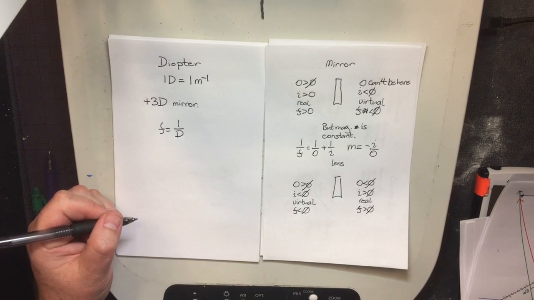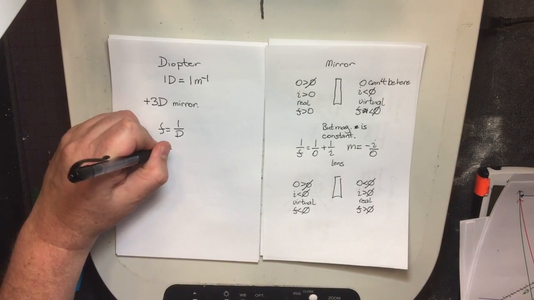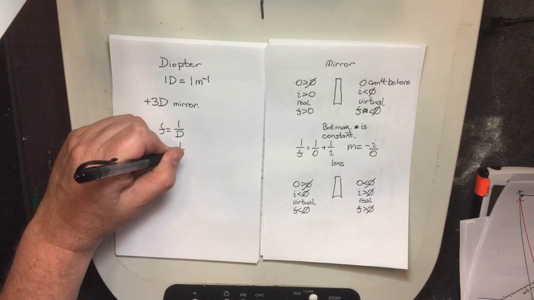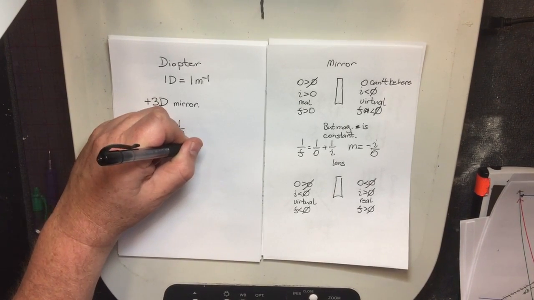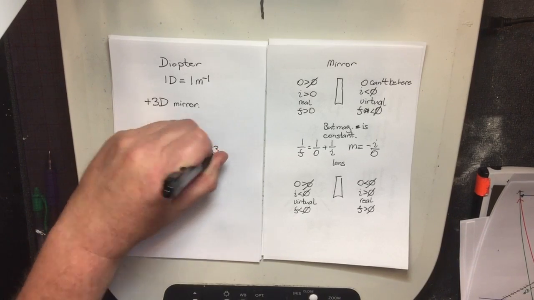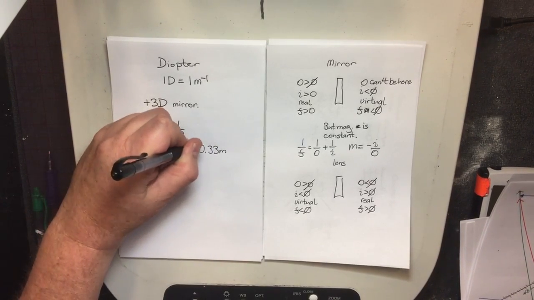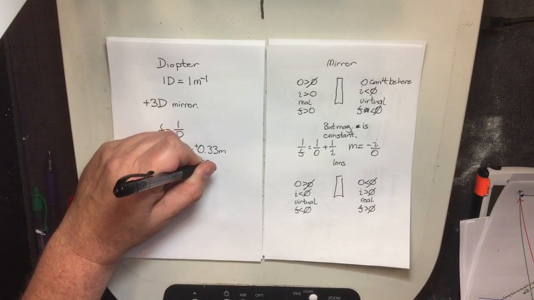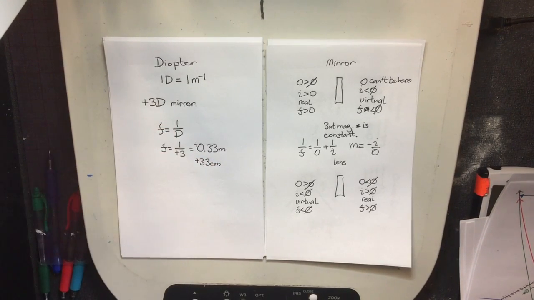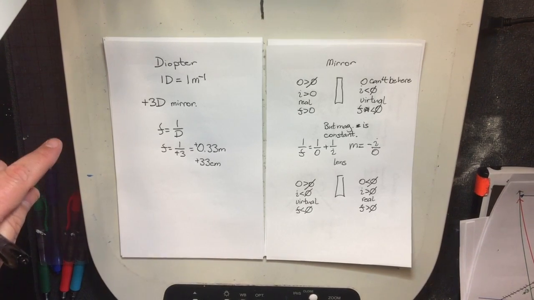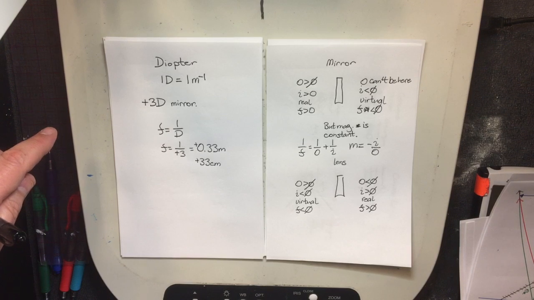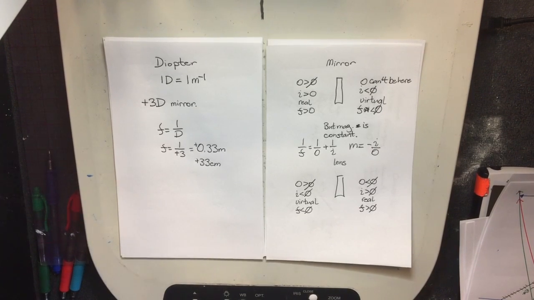So the focal length is 1 over positive 3, or 0.33 meters, or positive 33 centimeters. Now if I asked you, you've got a mirror, focal length positive 33 centimeters, is it convex or concave? It's concave. Is it diverging or converging? It's converging.